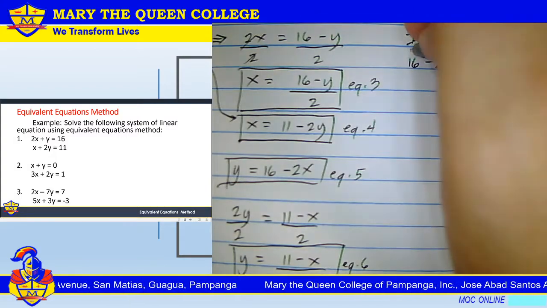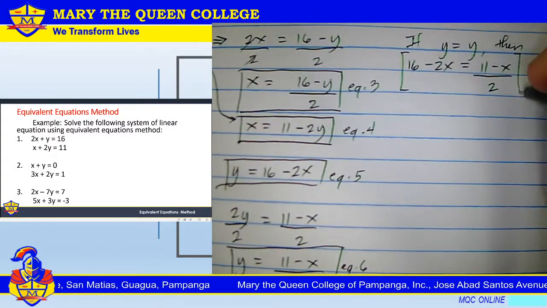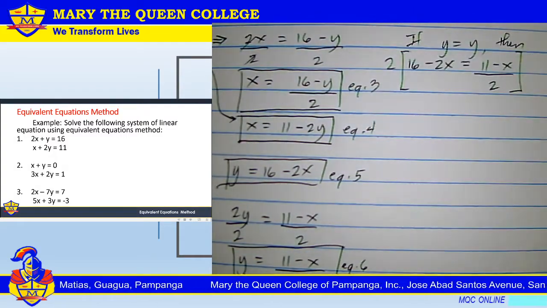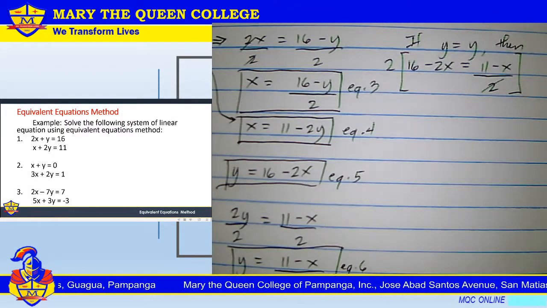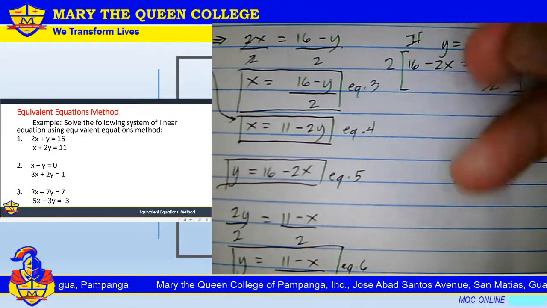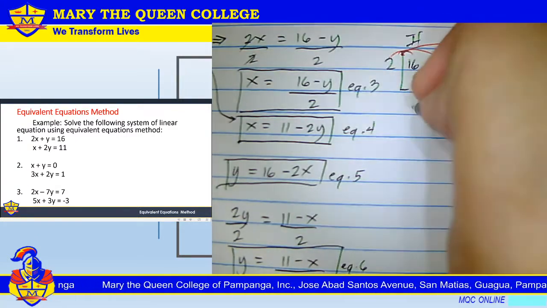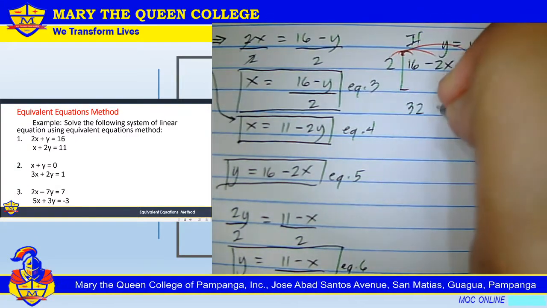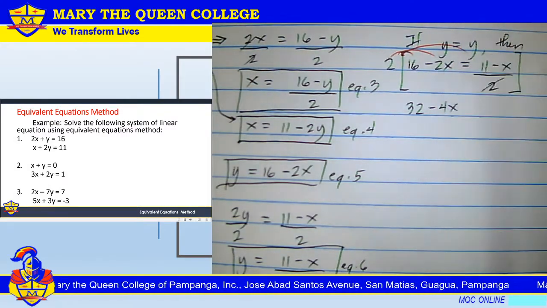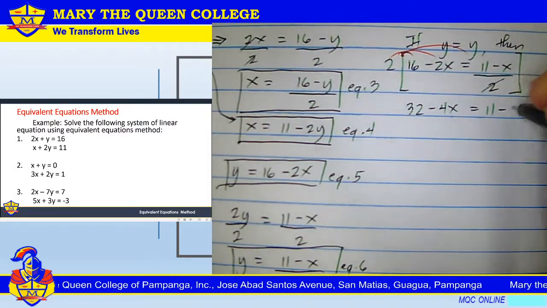Okay? Then, multiply the whole equation by positive 2 para ma-eliminate natin to or ma-cancel. And then, distribute natin. So, we now have 2 times 16, that is 32. 2 times negative 2x, that is negative 4x, is equal to 11 minus x.